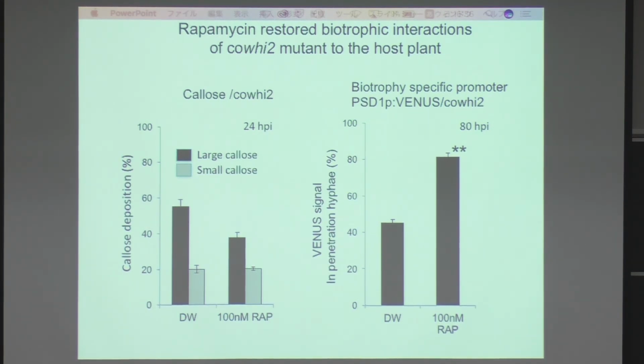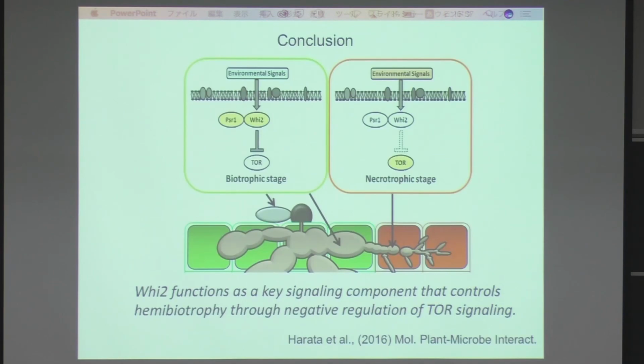And also, the intensity of biotrophy-specific promoter fused Venus was increased by rapamycin treatment, indicating TOR signaling is important for the establishment of biotrophy. So this is the conclusion of this part. V2 functions as a key signaling component that controls hemibiotrophy through negative regulation of TOR signaling.